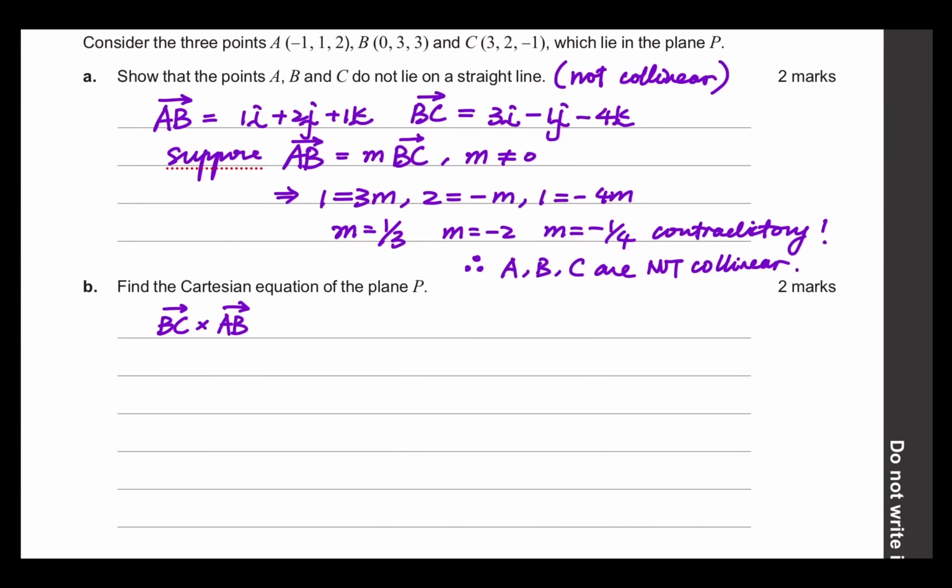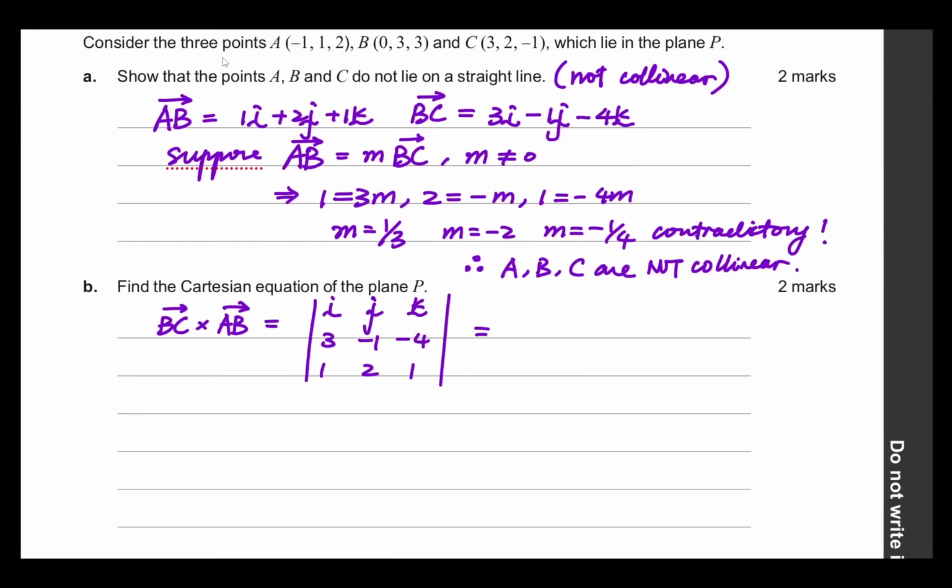Eventually, it will give the same direction, the same line perpendicular to the plane, okay? And 3, minus 1, minus 4, 1, 2, 1. Actually, this is a technology-active part. I don't have to show this, but you could get your CAS calculator to work it out, okay?